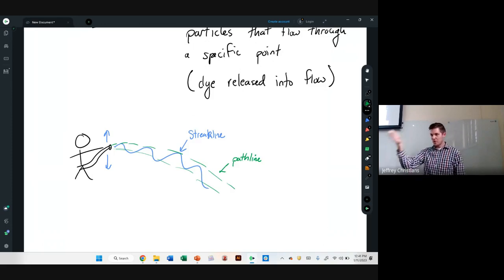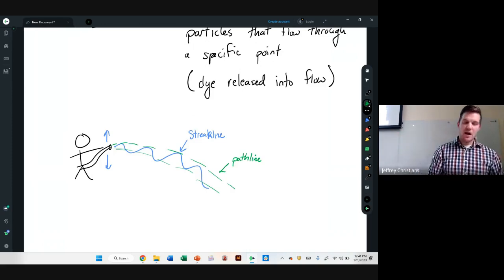Now, if I were to just hold the hose and not be shaking it, then they become the same thing. For a lot of these things, we have differences when things are changing with time. If things are not changing with time, some of this starts to converge. But all of these are different techniques that we can use. We can do experiments to actually use them to visualize fluid flow. We'll look at videos throughout the semester of all of these different techniques.